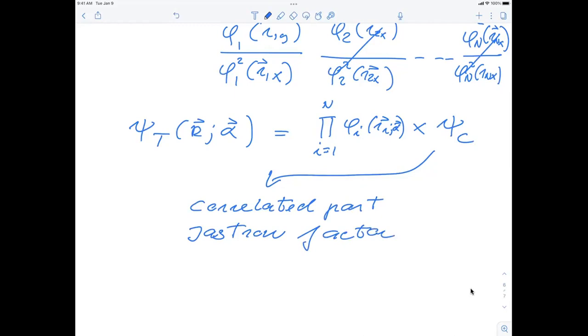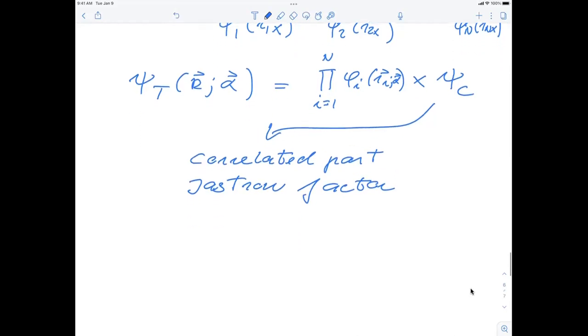And this is meant to mimic the type of correlations which come due to the interactions. So this contains the physics of the interaction.